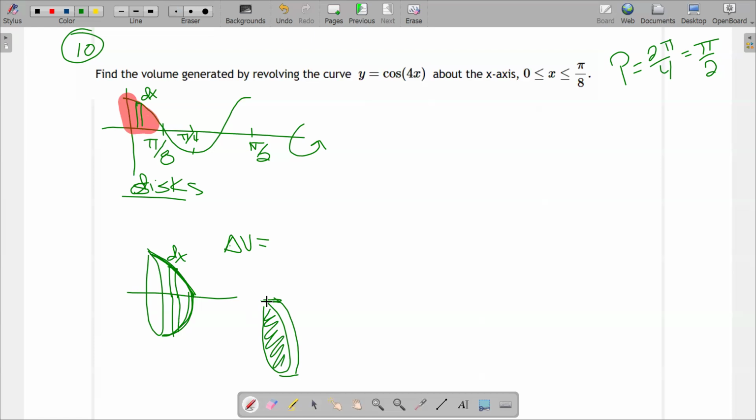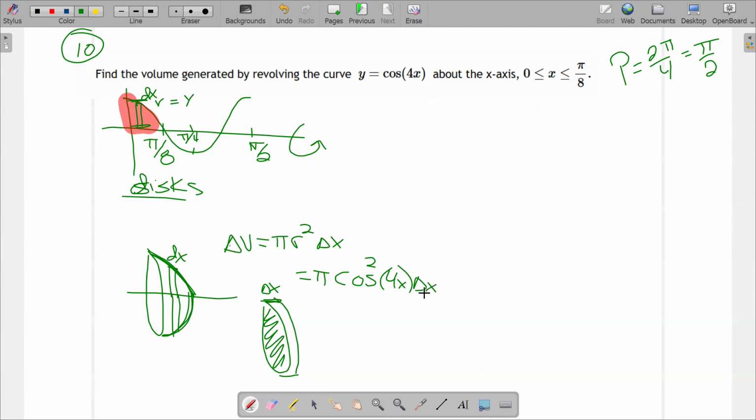So the area is just pi times the radius squared times my delta x, which is the thickness. And my radius is, in this case, just a function value, right? My y. So I'm going to have pi times cosine squared of 4x delta x as my little chunk.